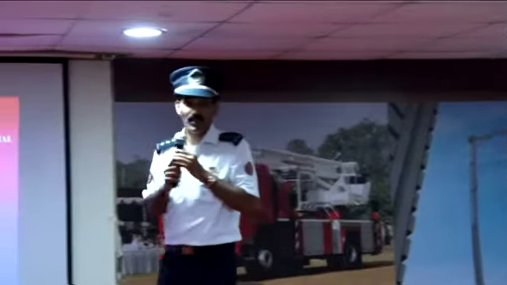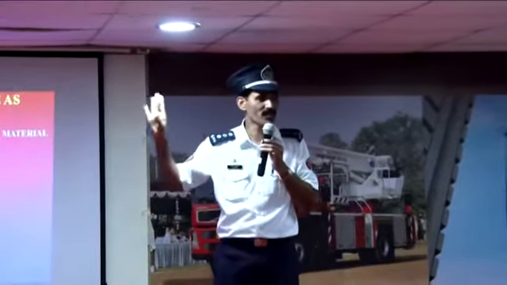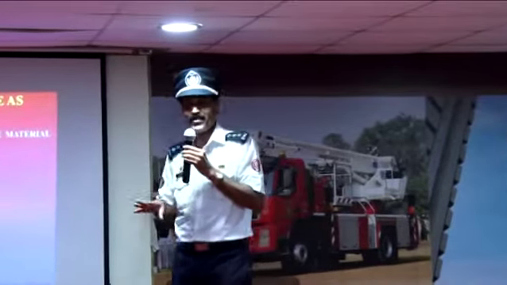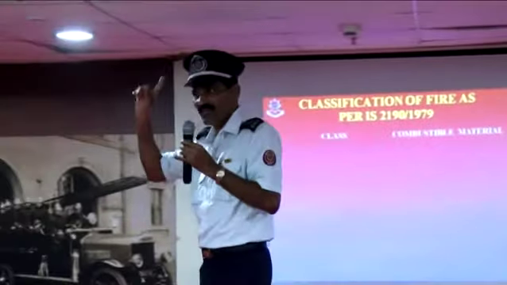So the 4th part is that, and there is a fire tetrahedron. After the fire triangle, we noticed that even though we were removing one of them, the fire was not extinguished. Then we came to know that there is a 4th element of fire in case of combustible gases. What is that? Uninhibited chemical chain reaction.